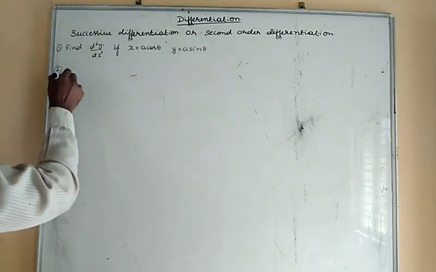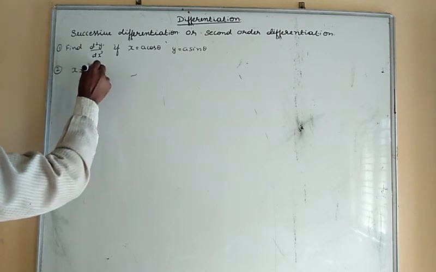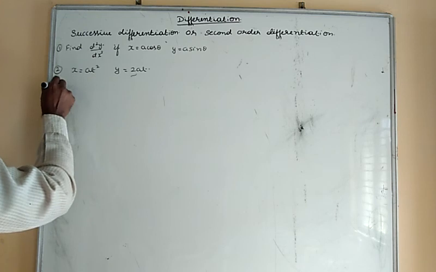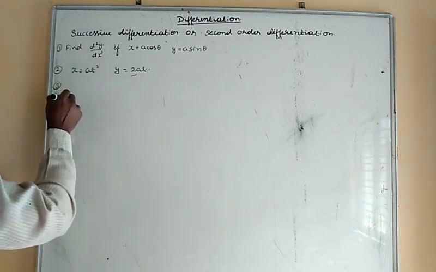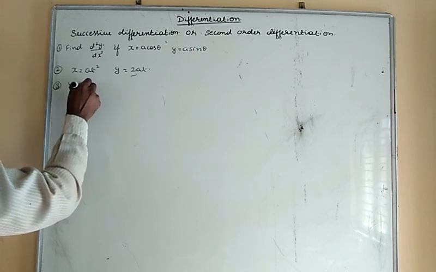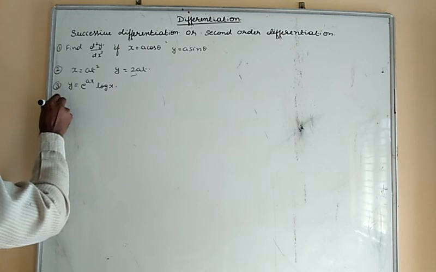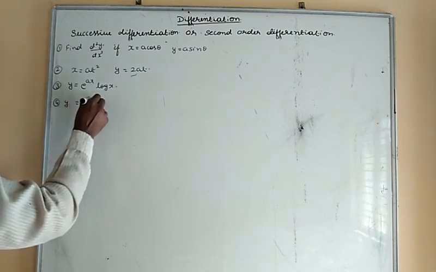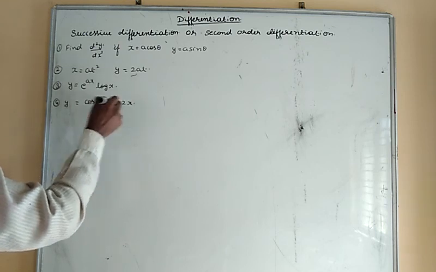Second one, x is equal to a t square, y is equal to 2a t. Third one, y is equal to e to the power of a x log x. Fourth one, y is equal to cos 4x cos 2x.